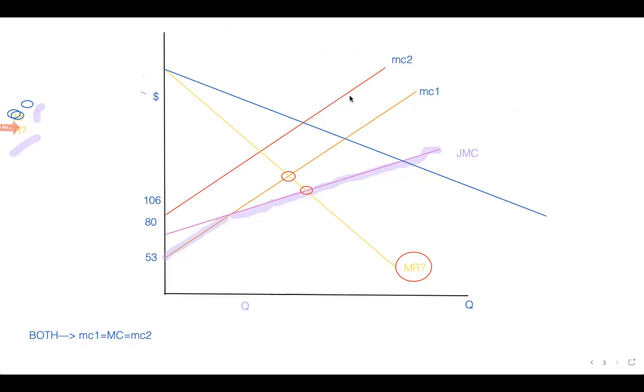Okay. So the thing that you want to do, and I suppose I'll use a black line, is you want to say, okay, this is the joint marginal cost, and now I want to divide the output between the two firms. So I'm going to just draw a line here like this.